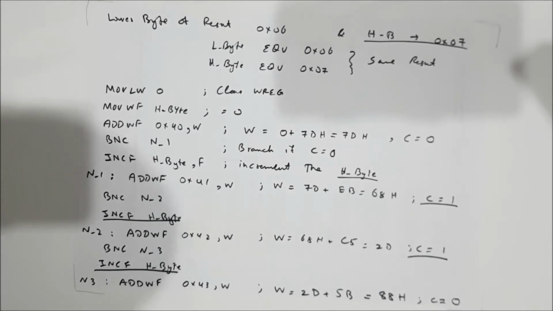So the total sum, the result, will be a 10-bit number precisely. We don't have a 10-bit register, so that will be stored at two 8-bit locations. One location will contain 88 hex, and the higher byte will be stored in the second location.